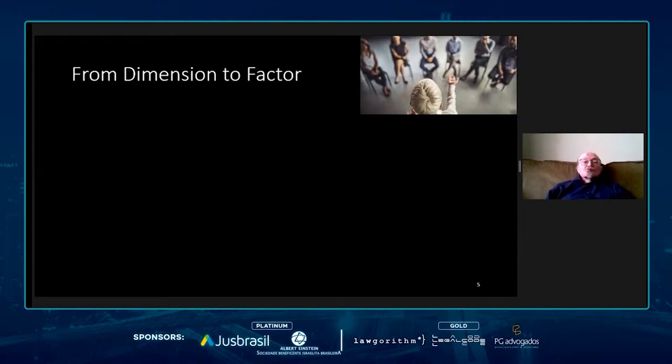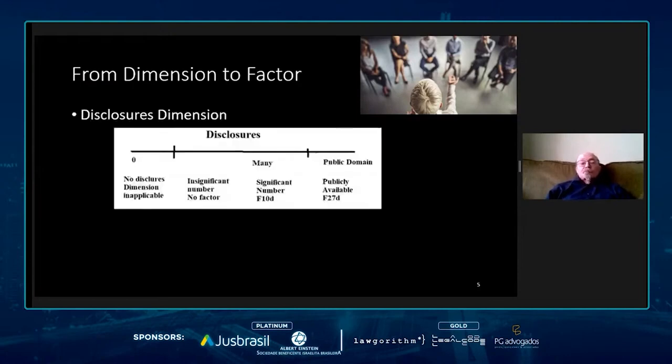So, moving from the dimension to a factor, let's consider the disclosures dimension. If we have no disclosures at all, the dimension is inapplicable in a precedent. An insignificant number will lead to no factor. A significant number will lead to a factor, F10 in the paper.